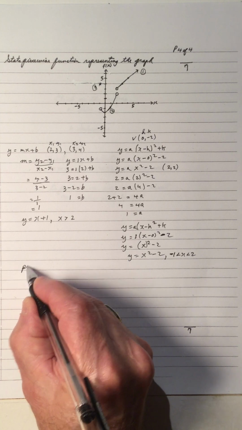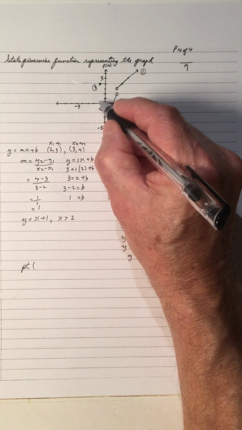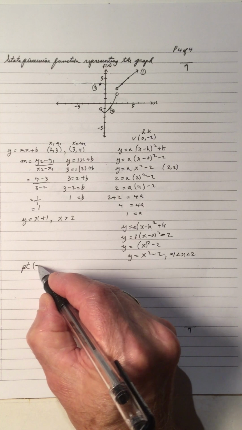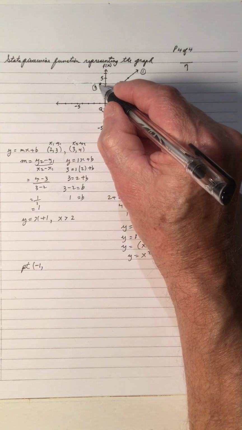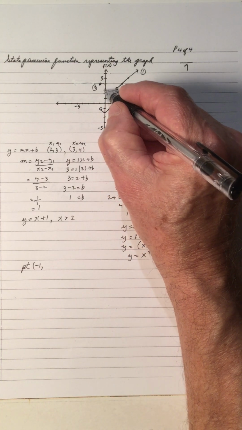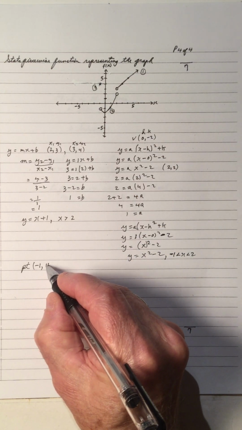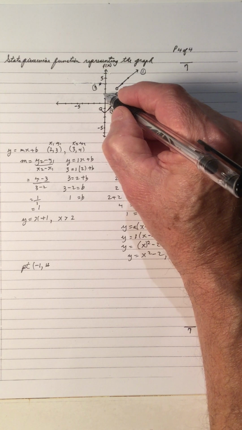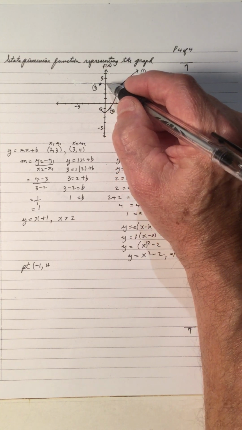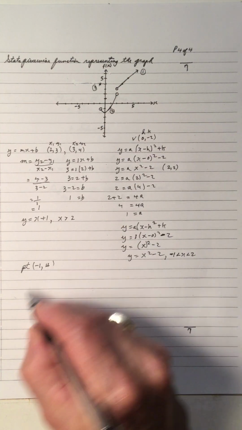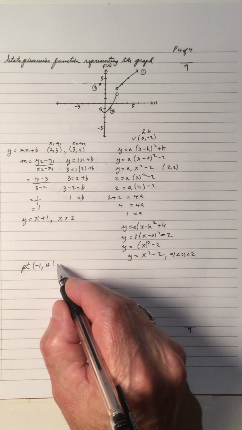This point is x is negative 1, and y is 1, 2, 3, 4. Y is 4. So that means that we have this point.